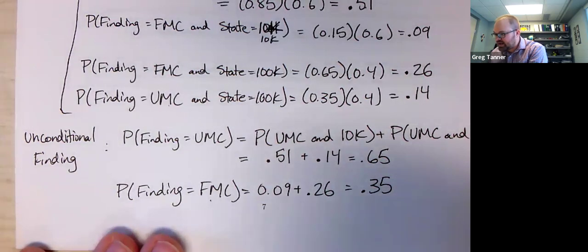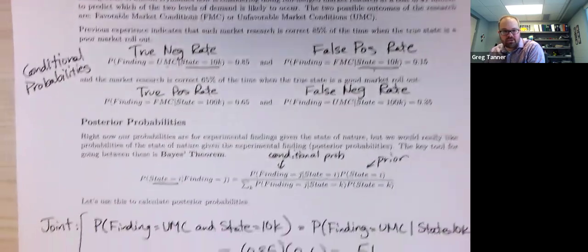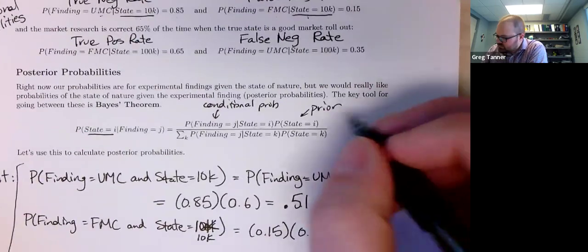Okay. Our next thing that we're going to need, and I'm going to have to move on to a new sheet of paper, I didn't leave myself quite enough room, is our posterior probabilities. Looking at the formula here for posterior probabilities, let's expand this formula a little bit.